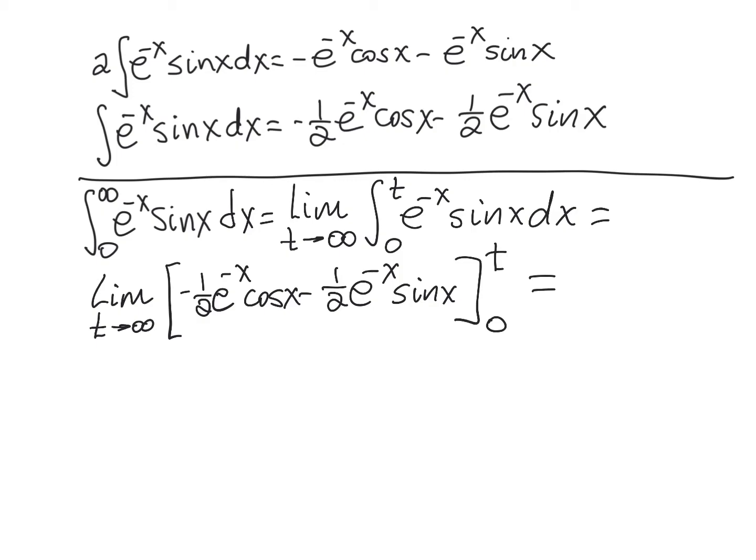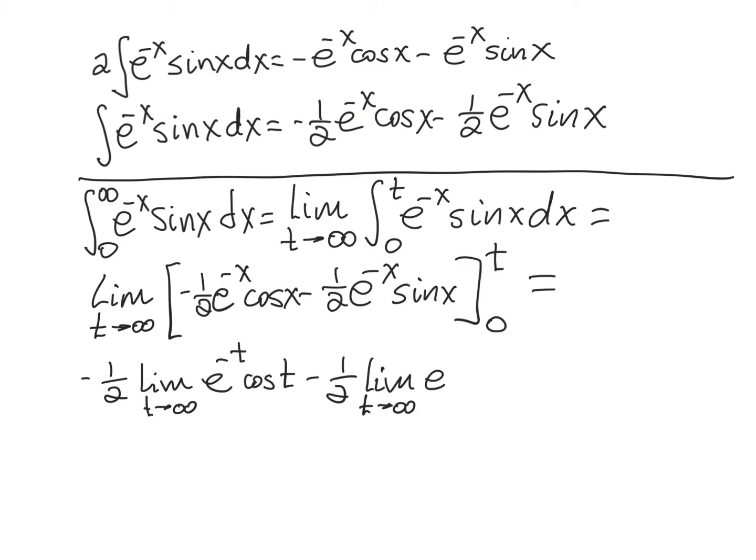This will equal negative 1/2 times the limit as t approaches infinity of e to the negative t cosine t, minus 1/2 times the limit as t approaches infinity of e to the negative t sine t, and then minus, let's plug 0 in, which would be negative 1/2 e to the 0 cosine of 0 minus 1/2 e to the 0 sine of 0.